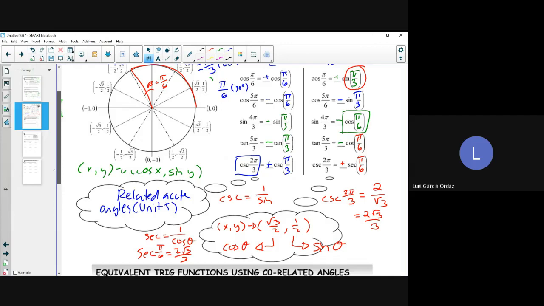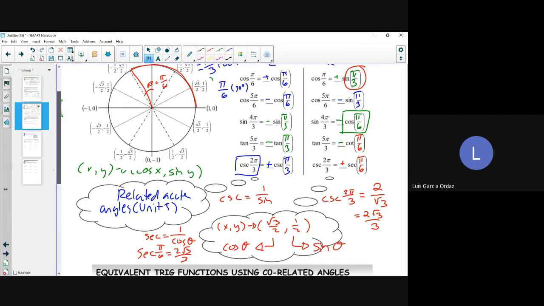When we find the ratio, all we have to do is look at the unit circle, and whichever one has a negative, you put it. Since the correlated angle is pi over 6, we look at pi over 6, and then we just add the negative if we need to. Okay, I get it.